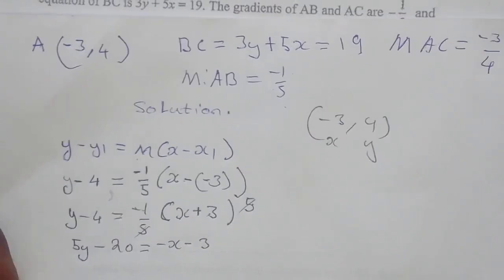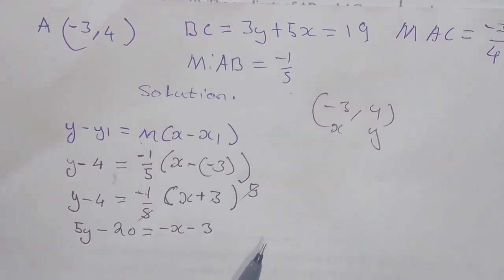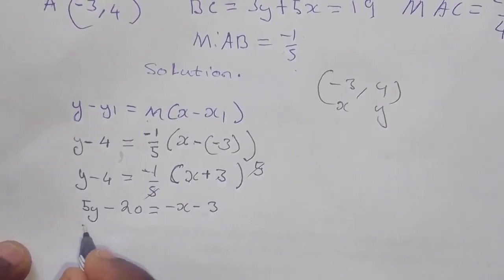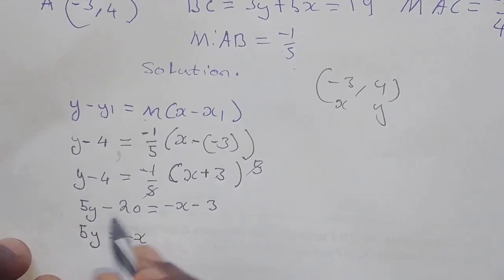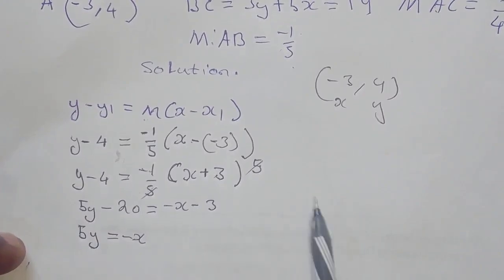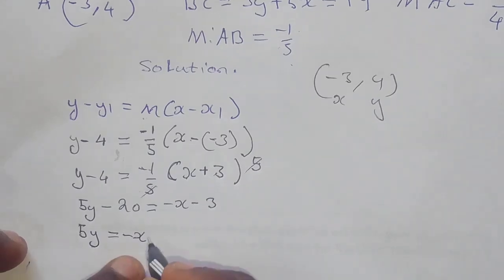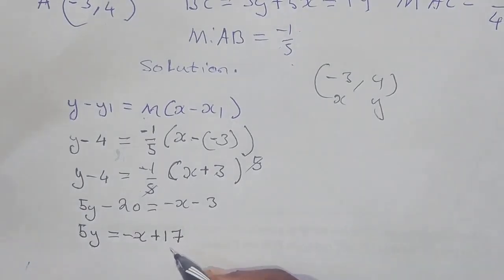Then here we just collect the like terms by taking 20 to the other side, because -20 and -3 are like terms. So we have 5y is equal to -x. When -20 crosses the equal sign to become positive, this side we're going to have -3 plus 20, which will give us positive 17.